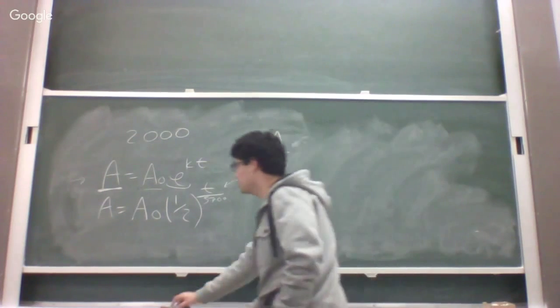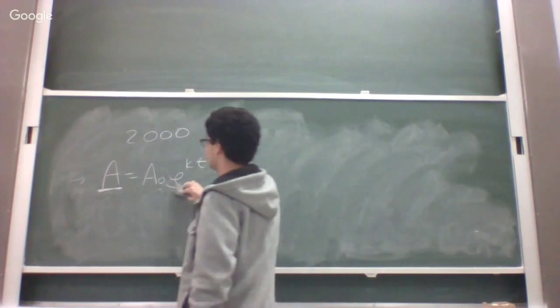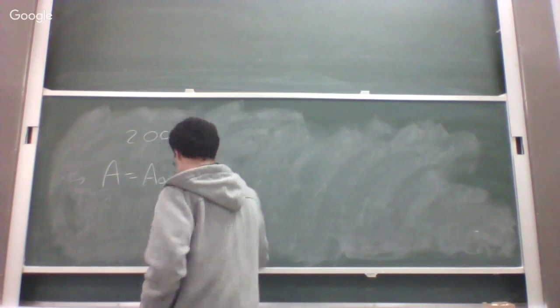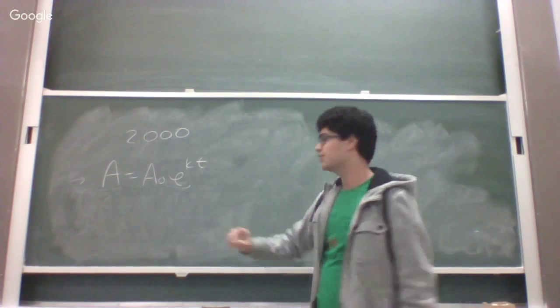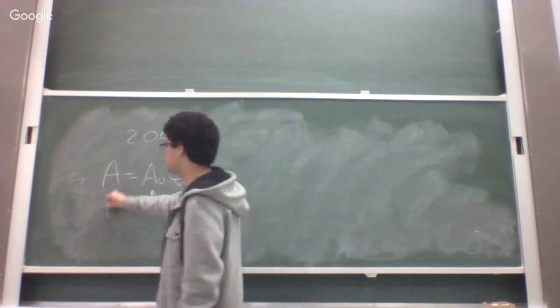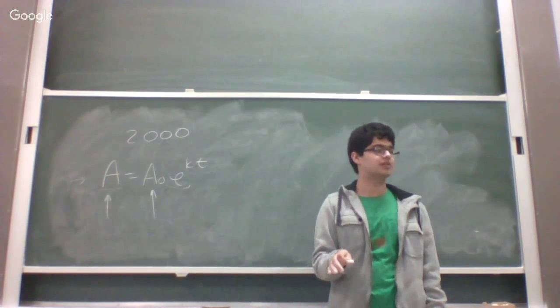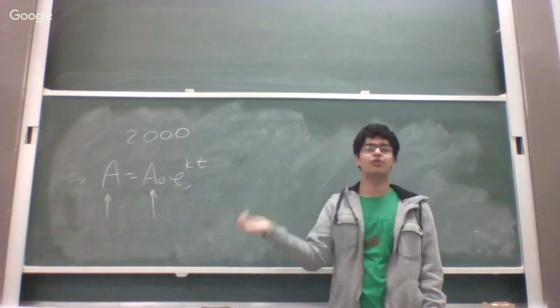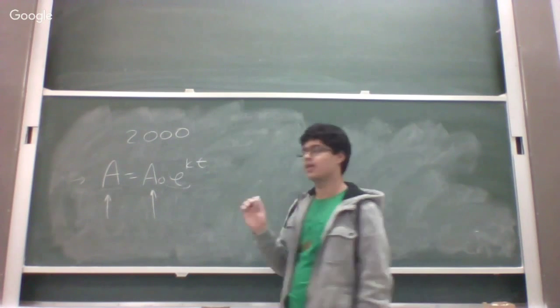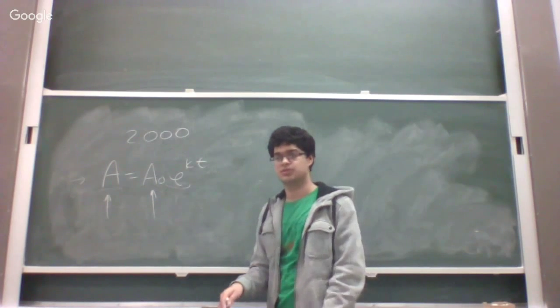Let me explain that again. This is the equation for half-life, okay? This is your starting amount. After a certain amount of time, this is how much you would be left with. So if we started with 14, we'd be left with 7. They want the amount that has disappeared.